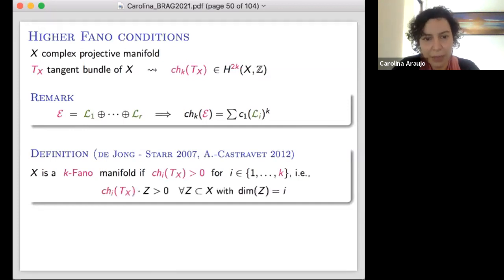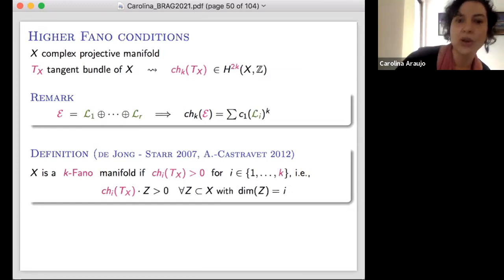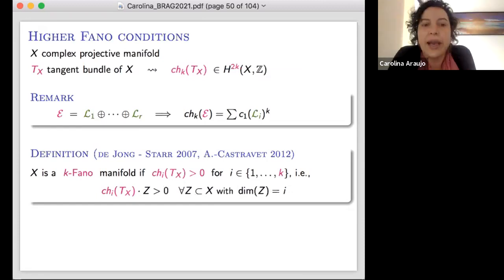By positive, I mean that it has a positive intersection with every i-dimensional cycle. For k equals 2, this was introduced by de Jong and Starr. And more generally, Ana Maria Castravet and myself have looked at the higher case more recently.